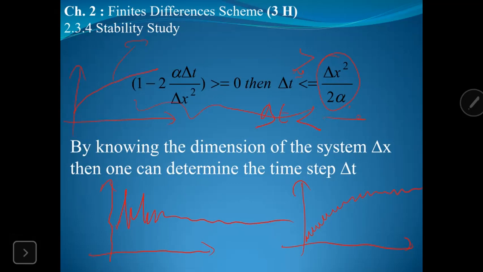By knowing the physical dimension of our domain, one can easily determine delta t. Then the stability condition is satisfied when delta t is smaller than delta t max. Delta t max is equal to delta x square over 2 alpha.